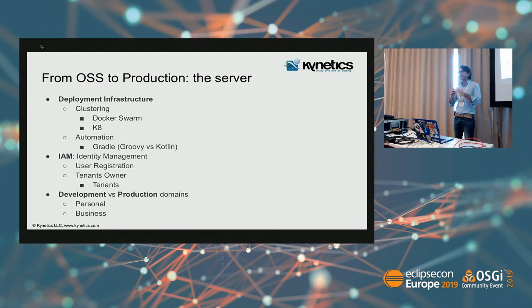It's completely unusable. What we did on the server side was create a deployment infrastructure, first a Docker Swarm, and then we switched to Kubernetes, of course. We also did build automation, so that we could deploy the server really fast in case we made modifications to the code, as we did.